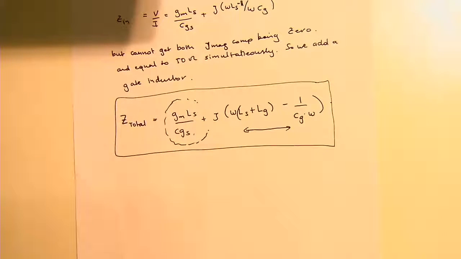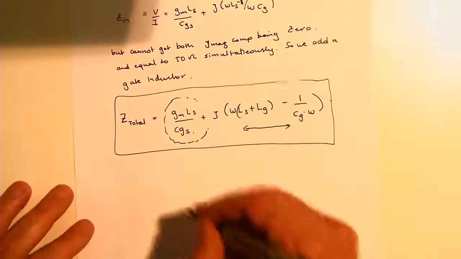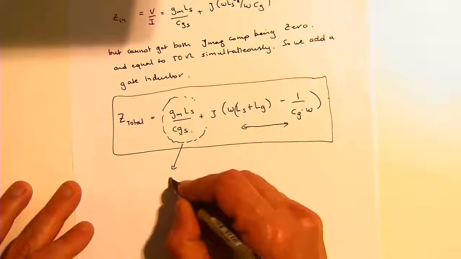Now, since you've got two equations in two variables, you can choose your LS and LG to do what? If I'm trying to match it to 50 ohms, I want the real part to be equal to what? I want this bit to equal 50.